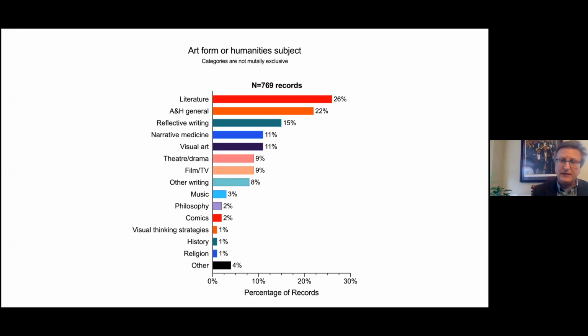So this is a snapshot of the published literature without those additional looks. And as you can see, literature and arts and humanities, and reflective writing and narrative medicine are the biggest represented categories among all of the categories of arts and humanities subjects in this review.